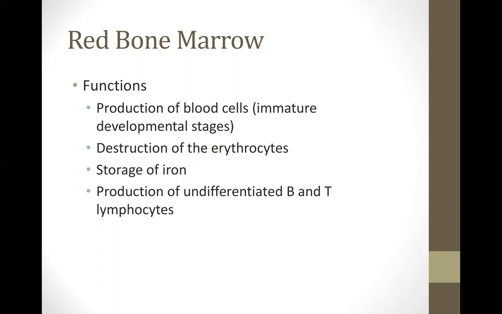Also, since there are RBCs in here, storage of iron is one of the functions of your bone marrow. And at the bone marrow also, there is production of undifferentiated B and T lymphocytes. Okay?